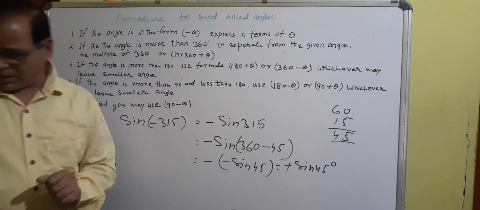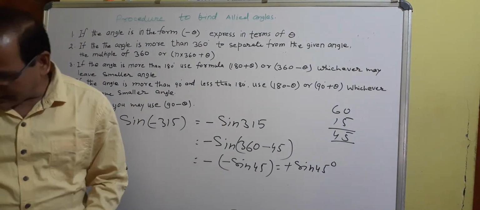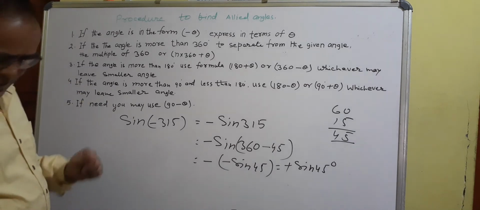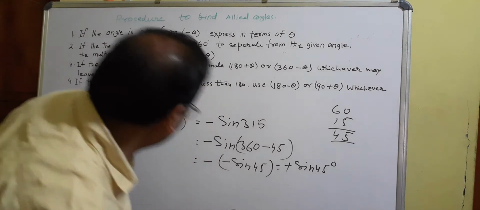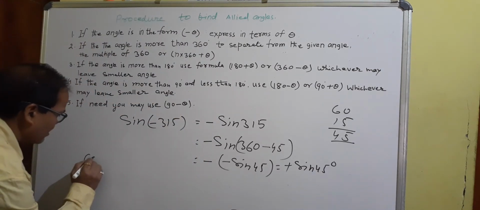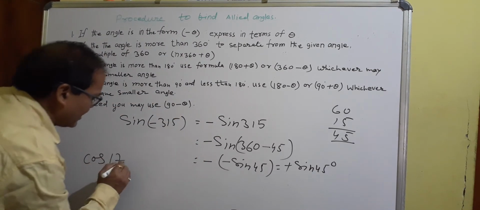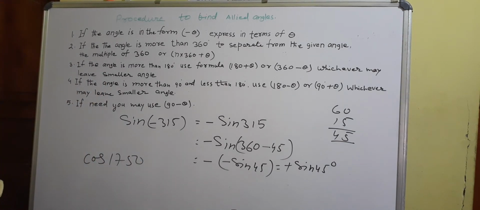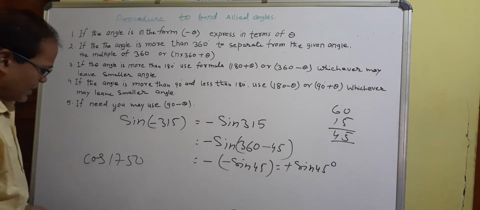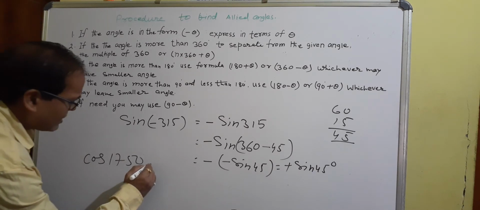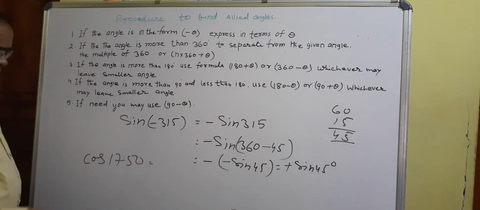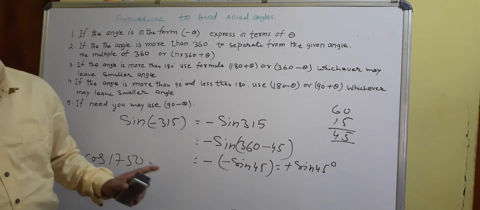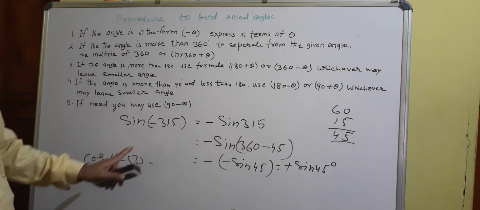So finally you will get sine 45 degrees. This is one example. Like that, another example: cos 1750. We should first divide 1750 by 360. If you divide by 360, you will get 4 times.